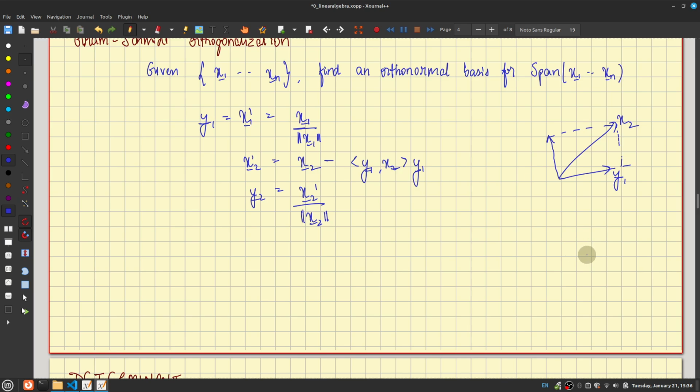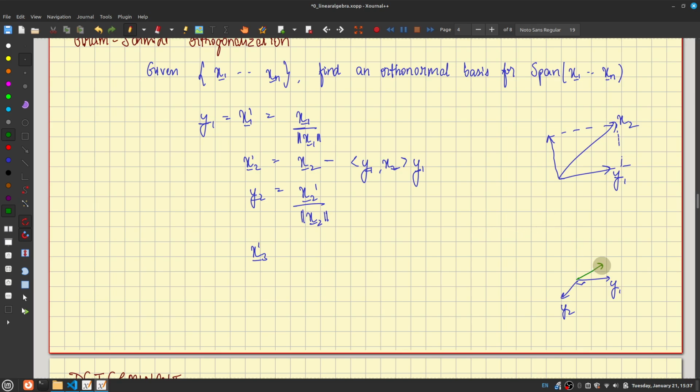Now I have two vectors, y1 and say y2, which are orthogonal to each other. I take x3. Now this x3 could be some other vector which can make an arbitrary angle to y1 and y2.